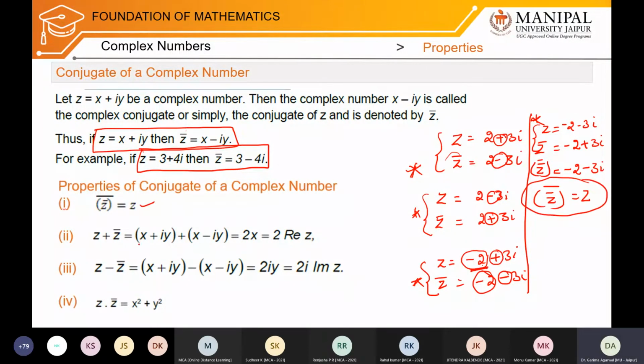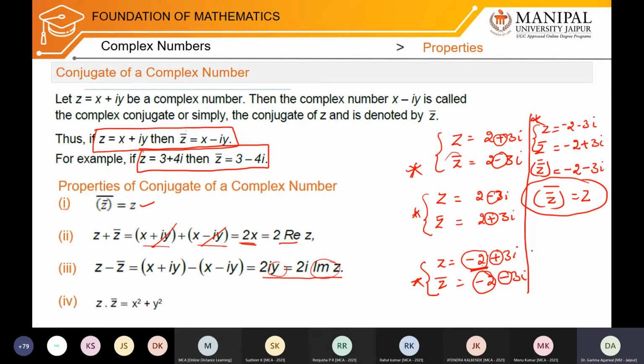Then z plus z bar, where z is x plus iota y and z bar is x minus iota y, is equal to 2x, or we can say 2 Re(z). Re(z) means the real part of z, which is x. Then z minus z bar is 2 iota y, or we can write y as Im(z).